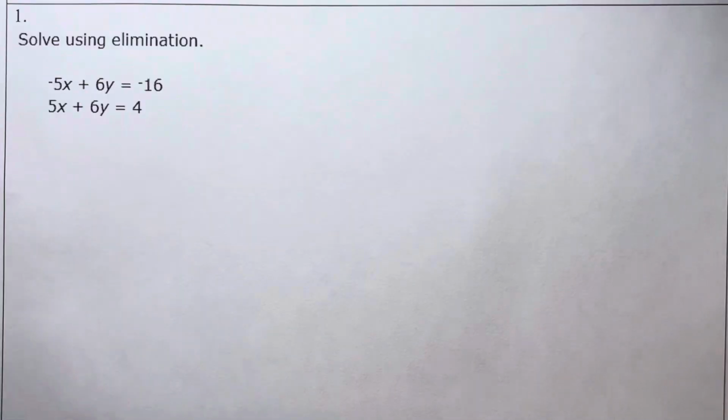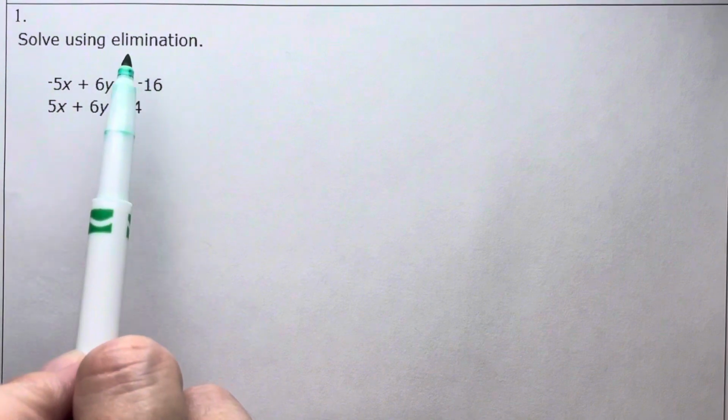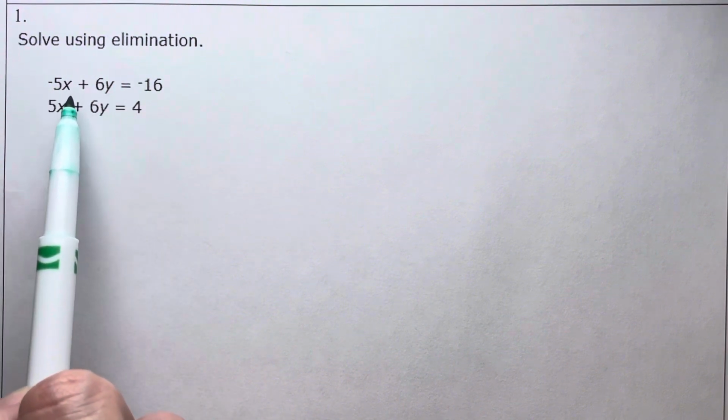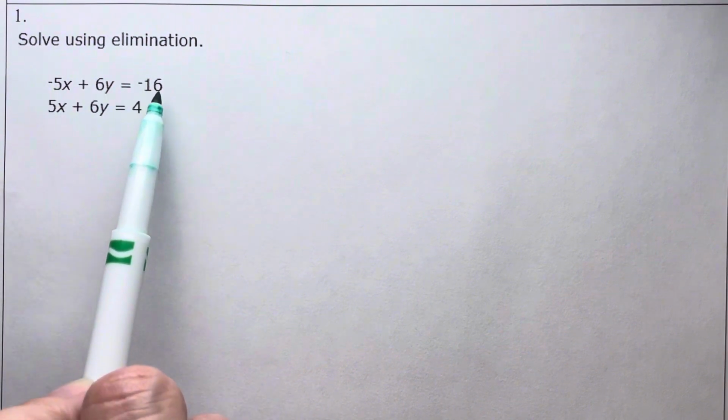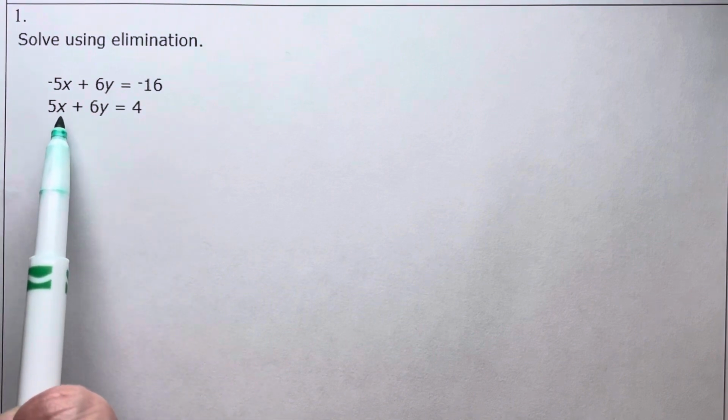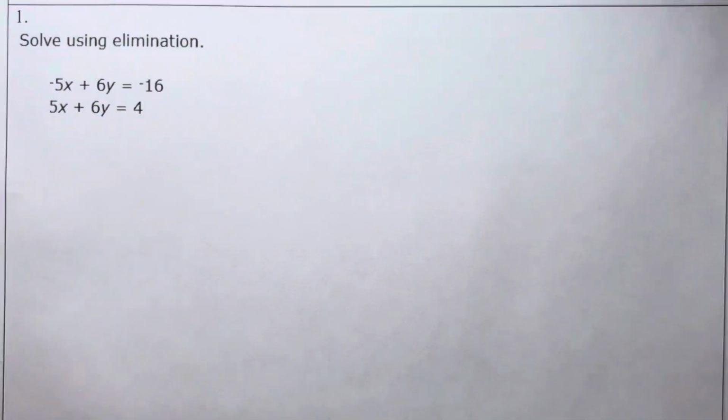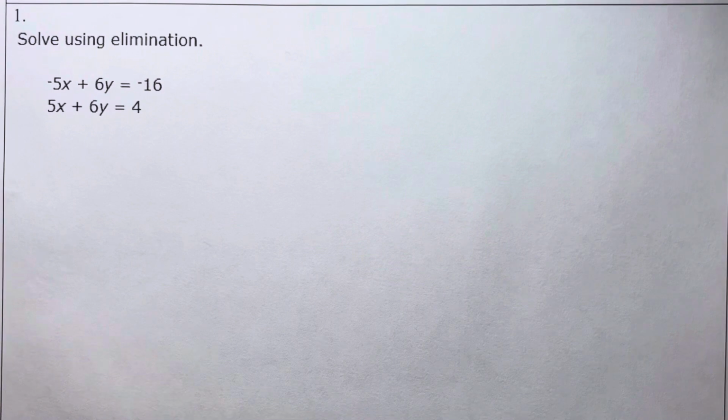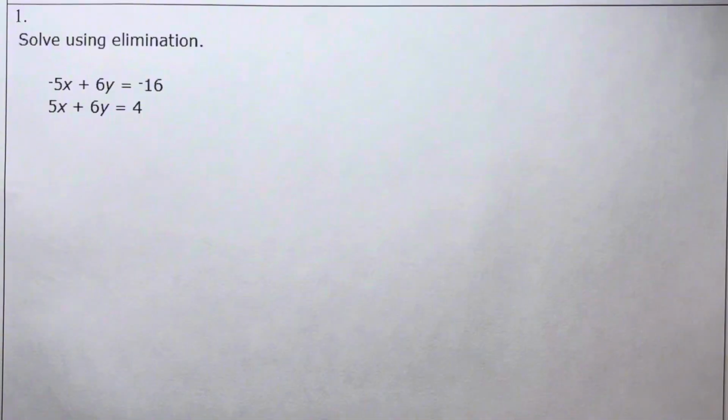Example 1. We're going to solve using elimination the system of negative 5x plus 6y equals negative 16 and 5x plus 6y equals 4. We start this process by looking for a variable that has the same number, but one is positive and one is negative.